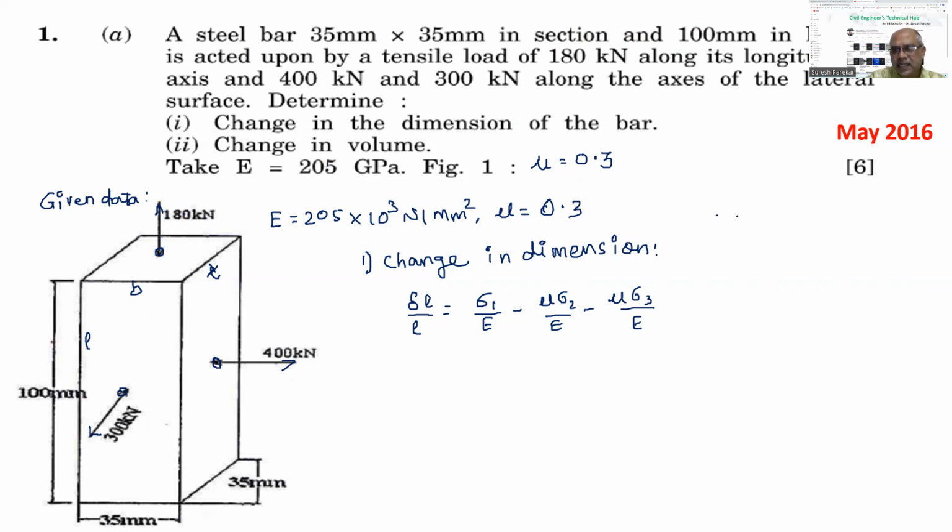Sigma 1 is equal to P1 by A. Now we have P1 as 180 × 10^3, and area, now on which area does it act? That is the other two dimensions, so that is 35 by 35, because the perpendicular area for 180 kilonewton is 35 into 35.